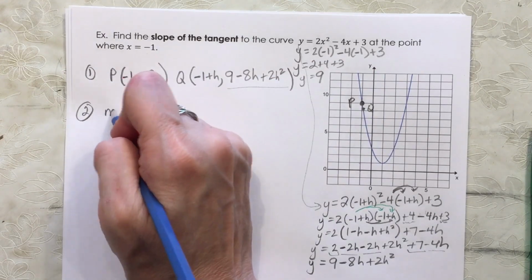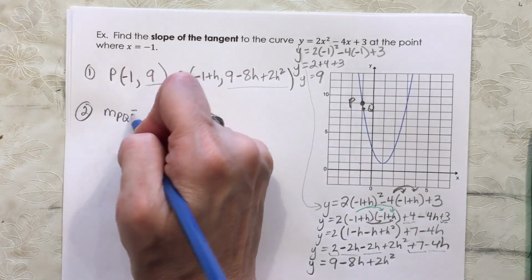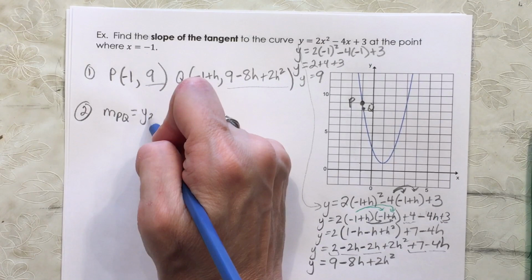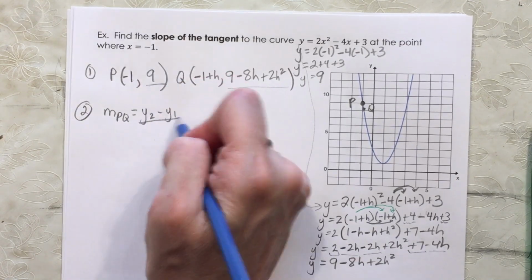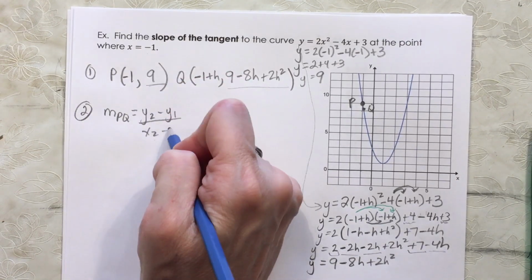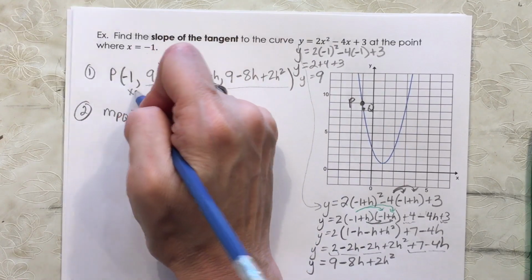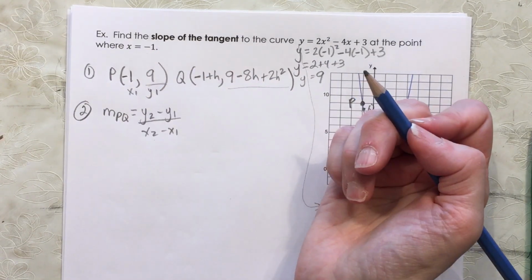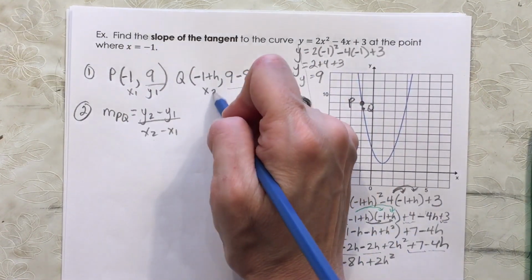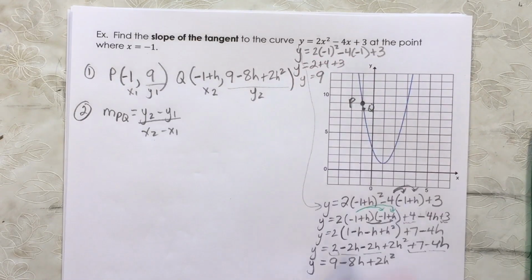Step 2, I want to find the slope between those 2 points using the grade 9 slope formula. So my point P is x1, y1. My point Q is x2, y2.